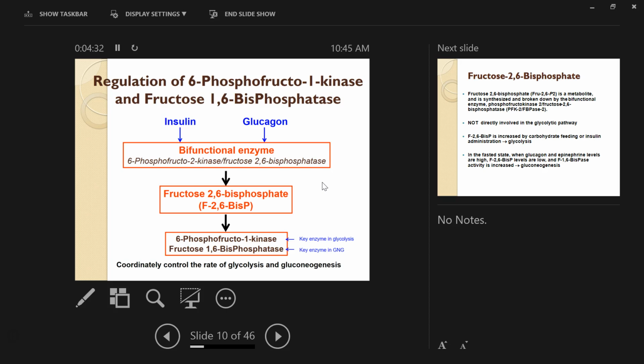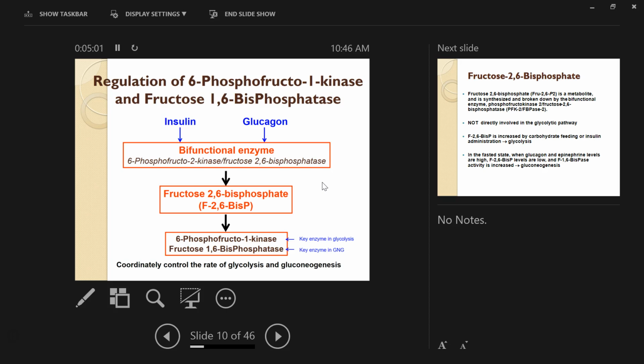So these are the two key enzymes in glycolysis and gluconeogenesis, and this key intermediate directly regulates them. Try to remember the order of how these two key enzymes are regulated.